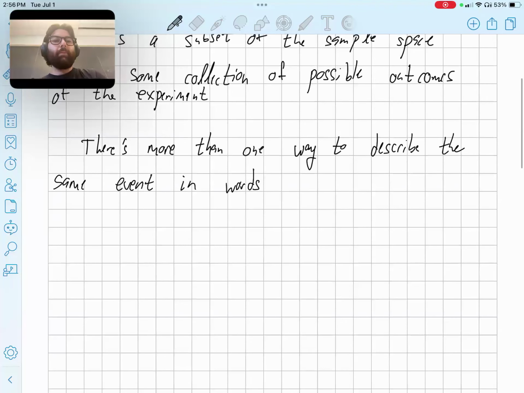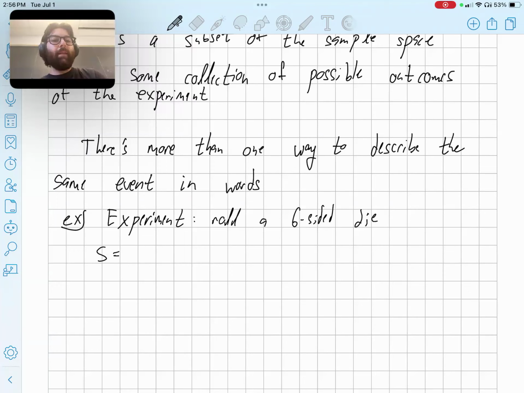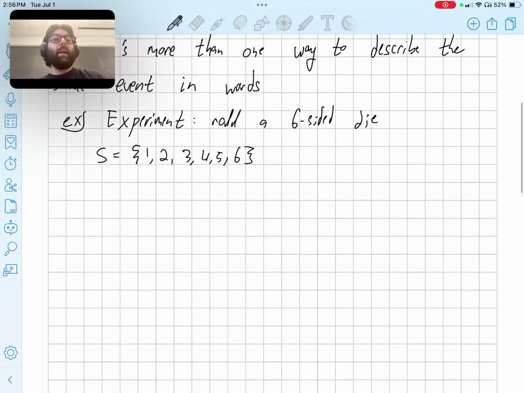So for example, say our experiment is you roll a six-sided die. The sample space is just the numbers 1 through 6. And so one event E is you roll a 3 or a 6.